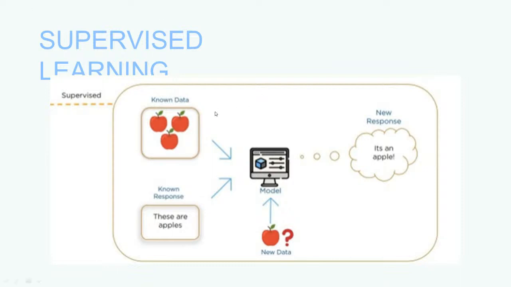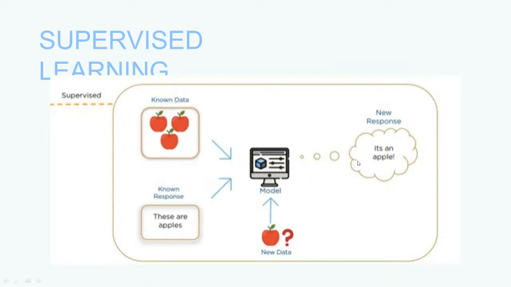So here, in this example, known data is already stored in a particular model. This is an apple, and these are some unknown responses. We gave this known data, we tagged this as an apple, and we trained the model. Now known data and unknown data are given.